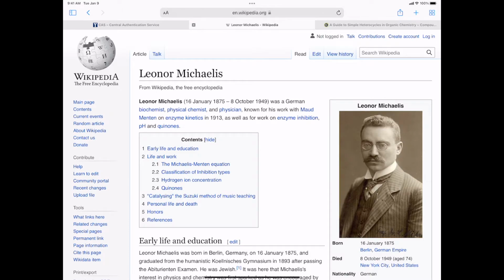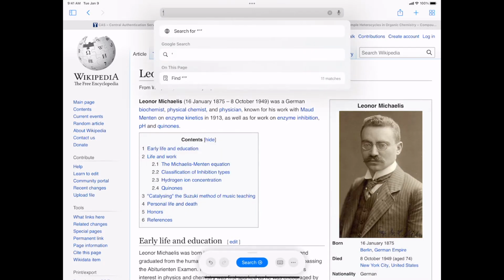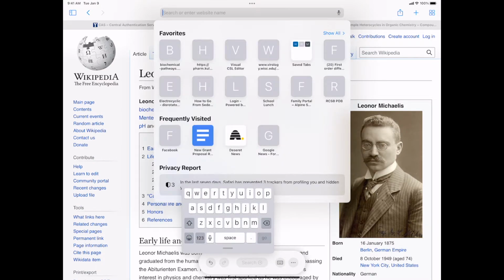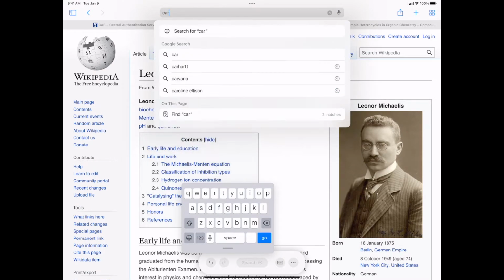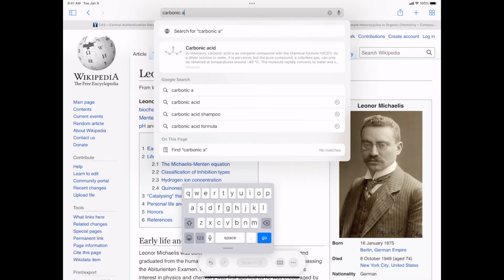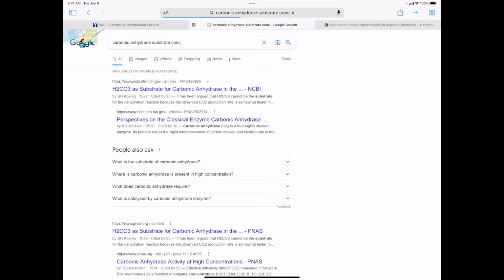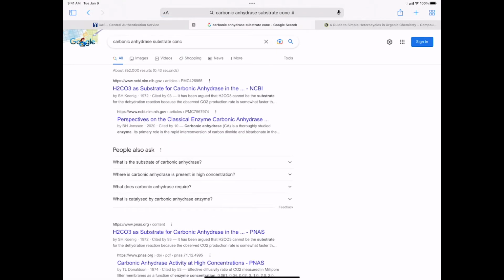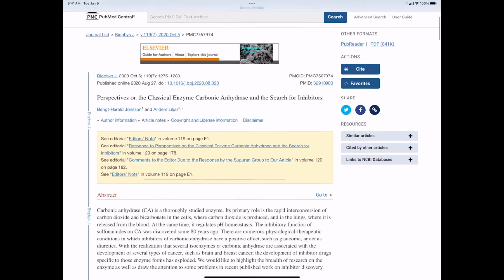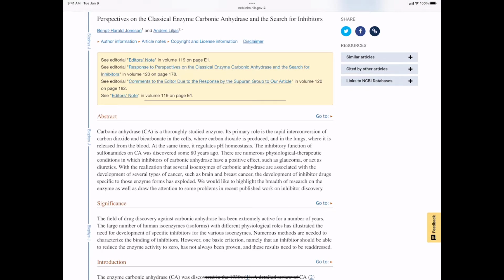Let's see, what were we looking up? Carbonic anhydrase, substrate concentration. Go, see what it gives us. Rapid interconversion of carbon dioxide and bicarbonate.